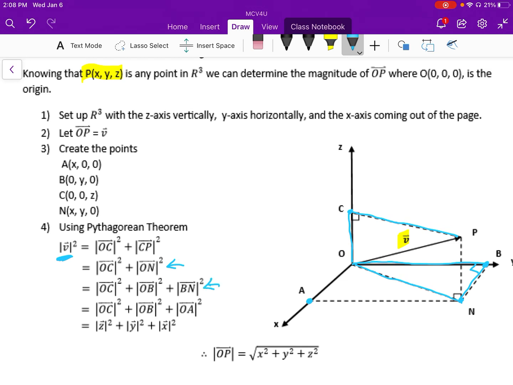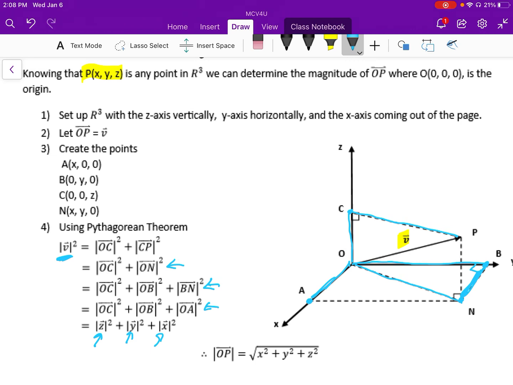Now, the last thing, BN is identical to OA. It's the same length, the rectangle down on the XY plane. And so we substitute the OA squared inside there. And we know that the magnitude of OC is Z, the magnitude of OB is Y, and the magnitude of OA is X, because that's just the length.